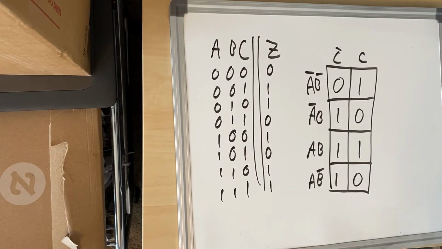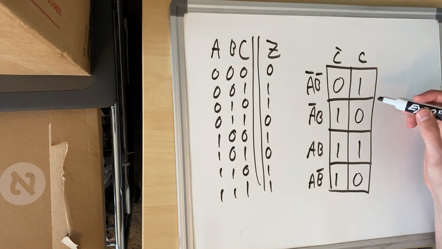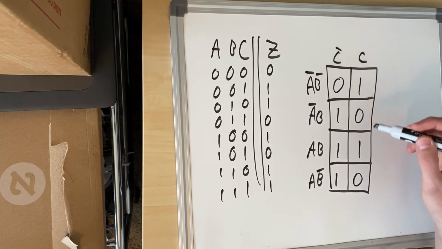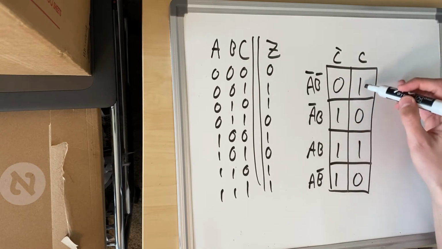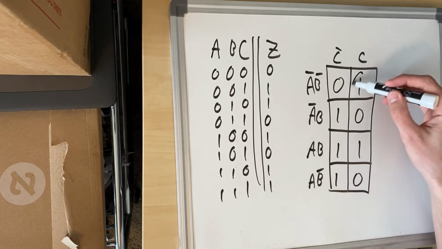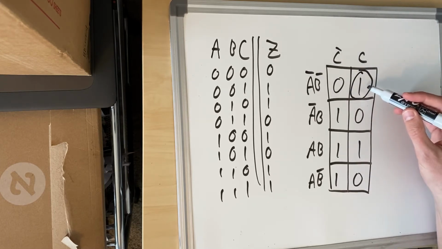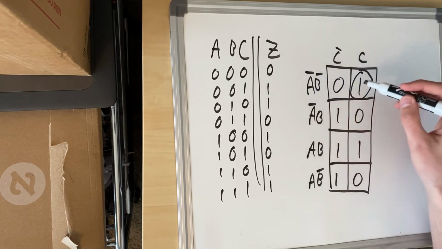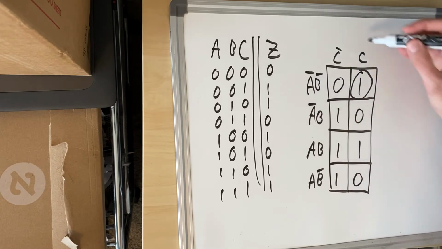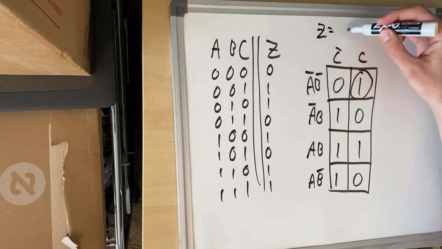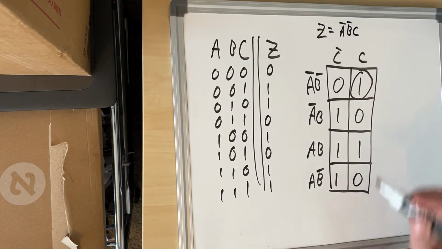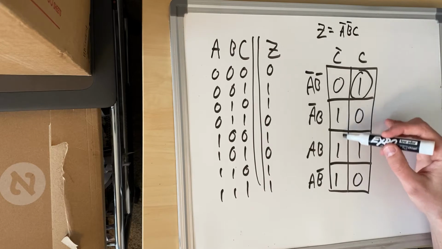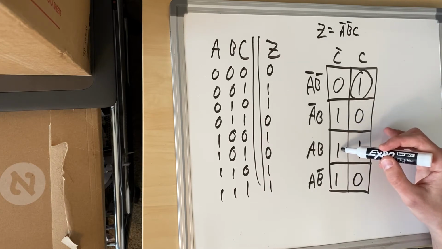So ones I see that sit alone, I can usually tackle first. This guy is not next to there, not next to there, not next to here. So he's alone. And what he equals is not A, not B, C. So Z equals not A, not B, C. That's him. What about this guy? He's with him, so I could pull that out.